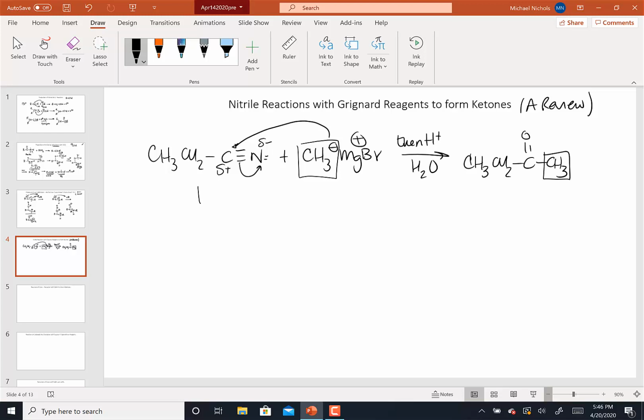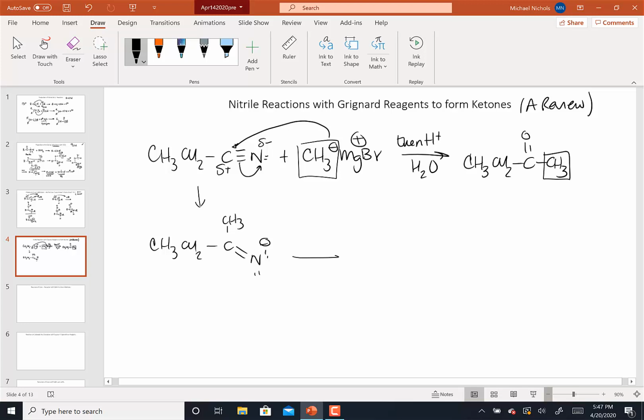And so what I end up doing is adding the methyl group here. I end up with a double bond now with the nitrogen having a negative charge. That's it. Nothing else I can do. I can't bring this pair of electrons back down because there are no groups that leave. So I'm stuck. And so what happens?